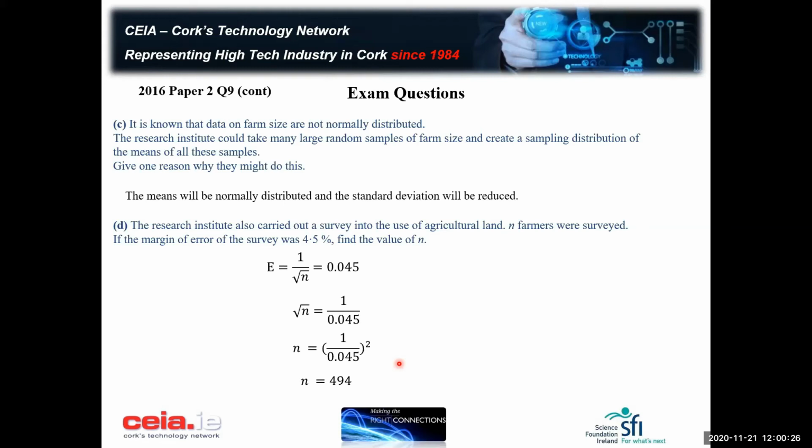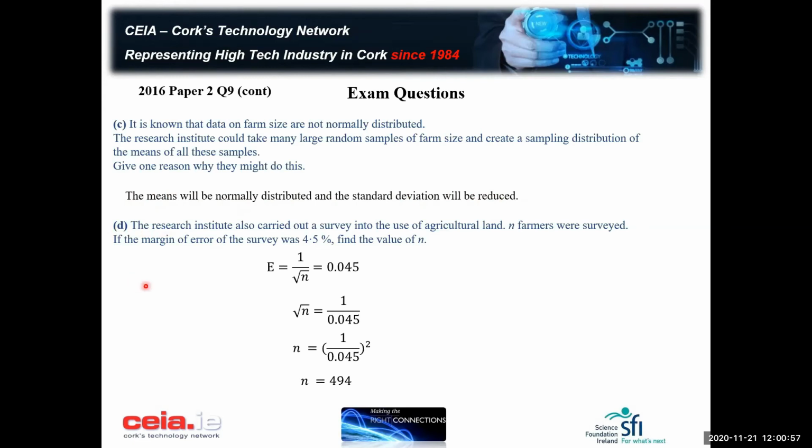And the reason you would do that is because the central limit theorem tells you that if you do that, the sample means will be normally distributed. And of course, the larger the samples themselves are, the smaller the standard deviation. So those are the reasons you would do those two things. So that statement is all you need to answer part C.